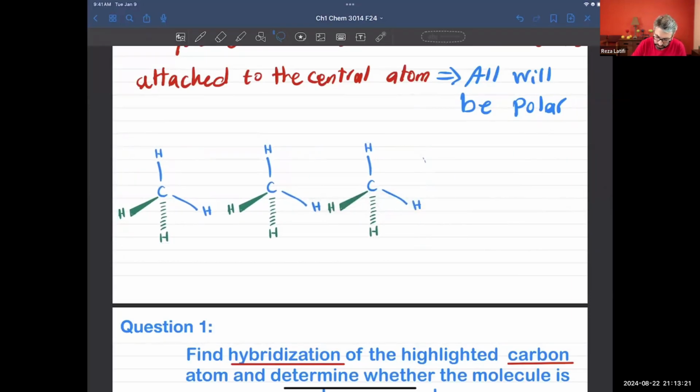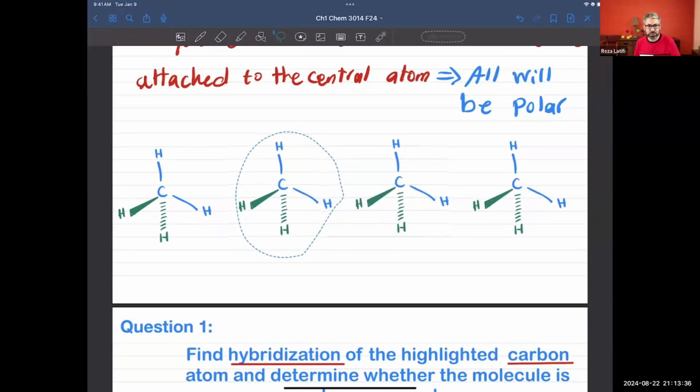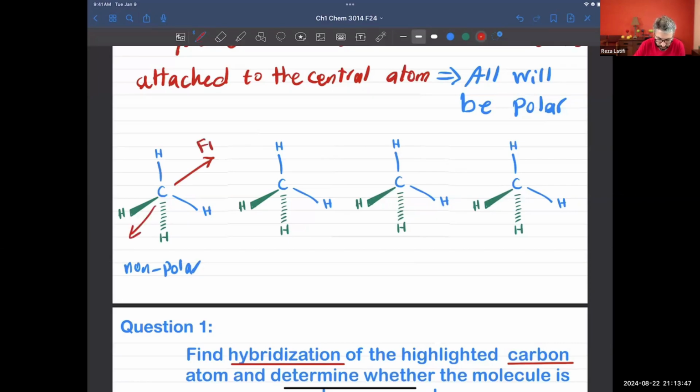And copy paste this one. Okay, cool. So let's change one of the hydrogens. First one, nonpolar, because all the forces will be canceled. This force will be canceled by that force. Call this one F1, that's F2.